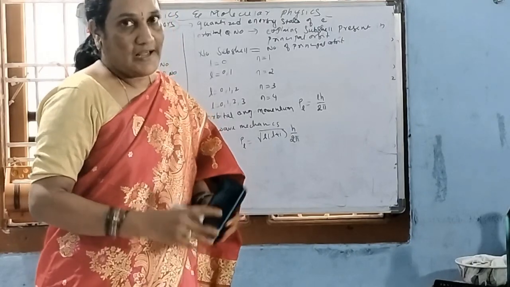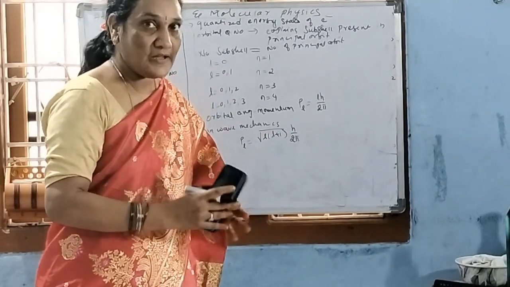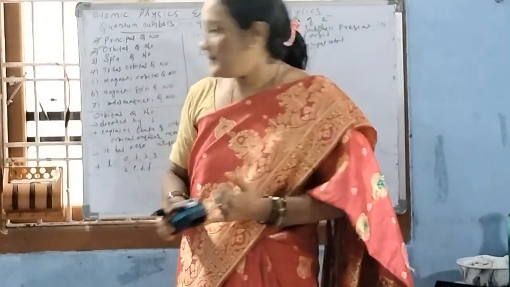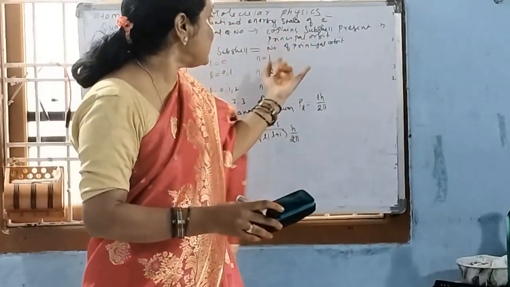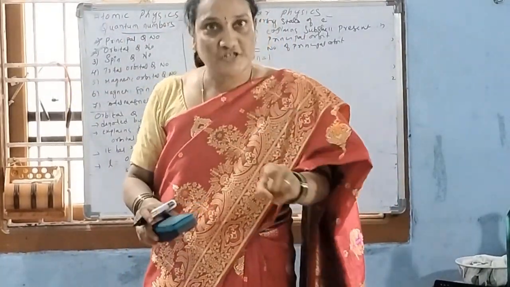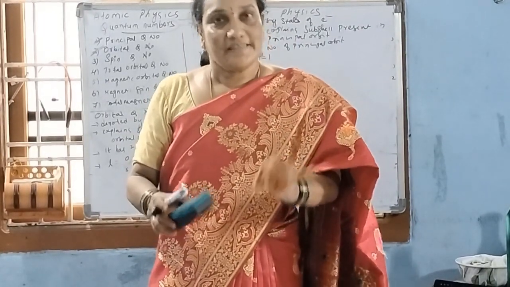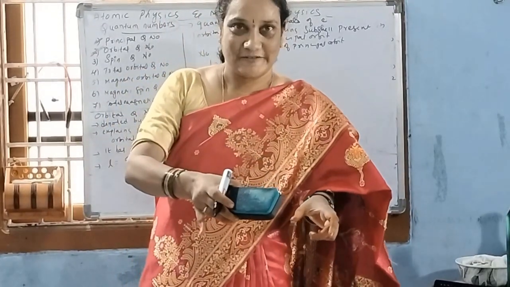Now, this orbital quantum number not only explains the shape of the orbit, the orbital angular momentum, and the subshells present in the principal orbit, but it also governs the bond between the electron and the nucleus.